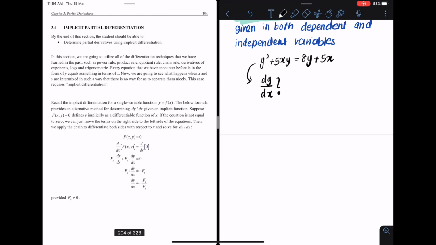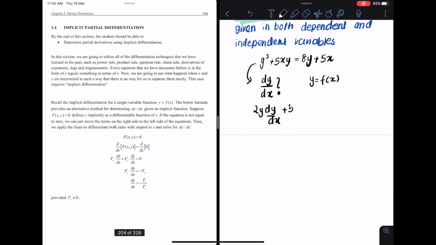I have to remember that y is a function of x. So I have to differentiate y with respect to variable x. So in this case, I will have 2y dy dx plus, for this expression 5xy, I have to apply product rule.